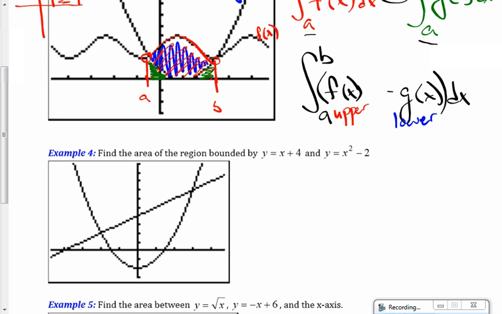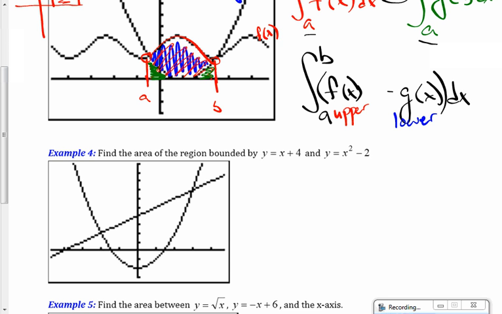If g is above f, what's true? If g is on top and you did f minus g, what would you get? Same number, opposite value. So if you did upper minus lower, or lower minus upper, you'd get the same absolute value, but it would be a negative. That's what we're doing today.